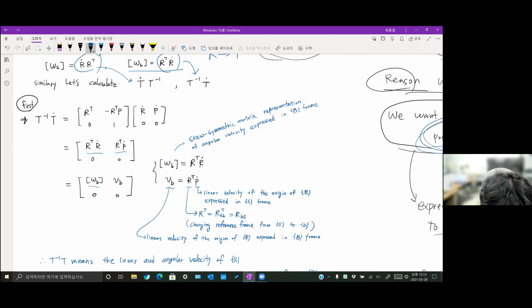And this one was linear velocity. This one is linear velocity, P dot, but there is R transpose.